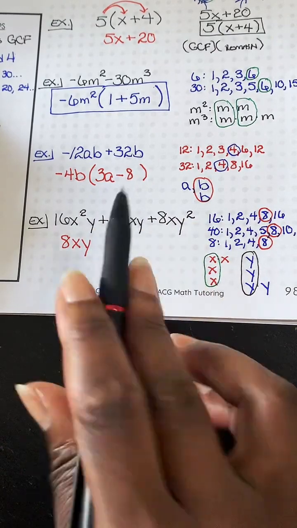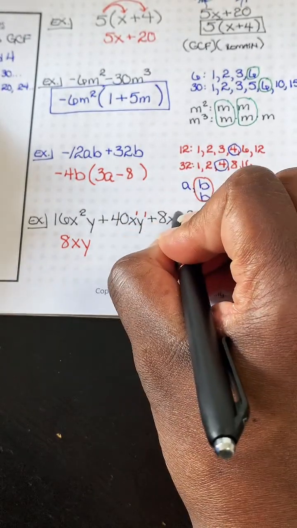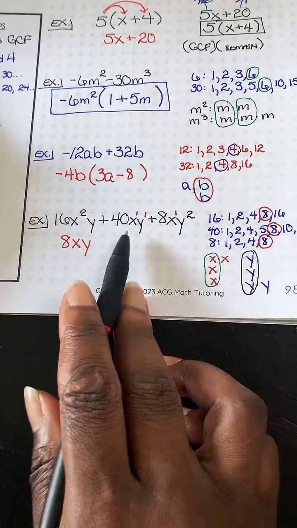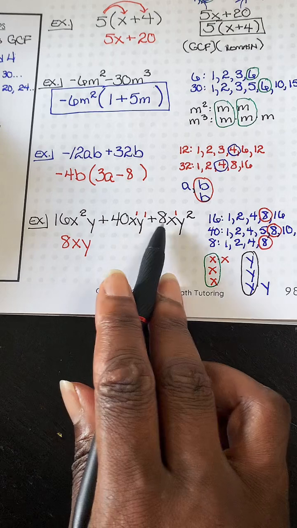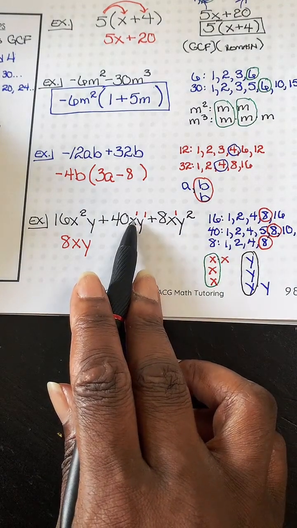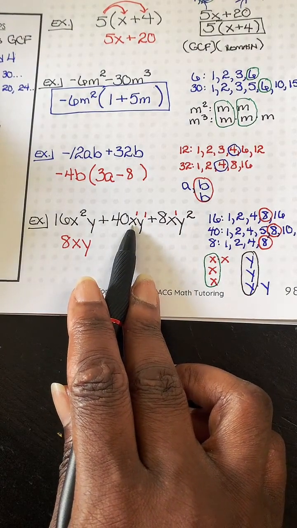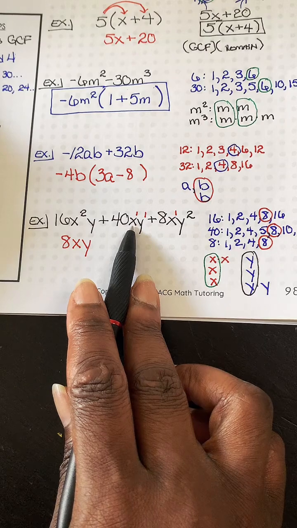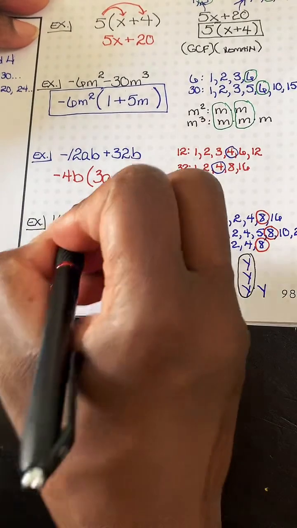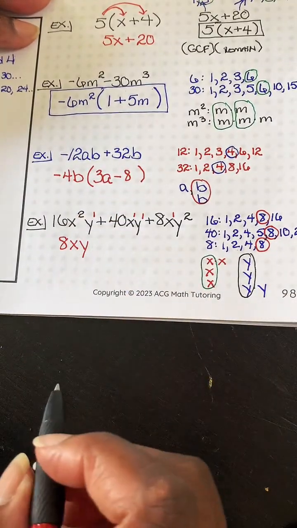If I don't see anything, it's assumed that the exponent is a 1. So the lowest x is going to be just x to the first power, or just x. Same thing for the y's. If you don't see an exponent, it's assumed that the exponent is a 1.